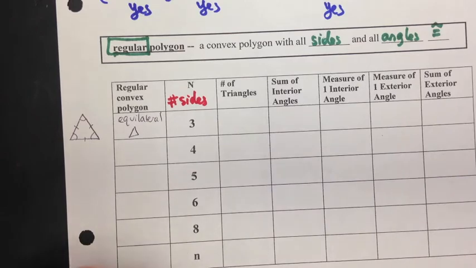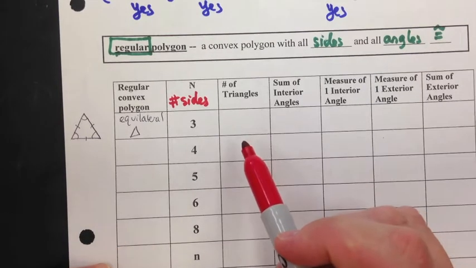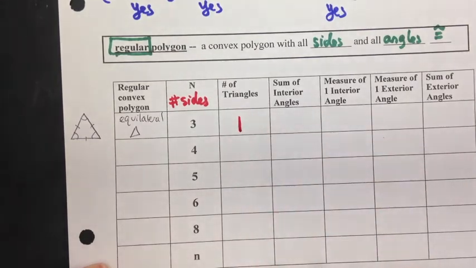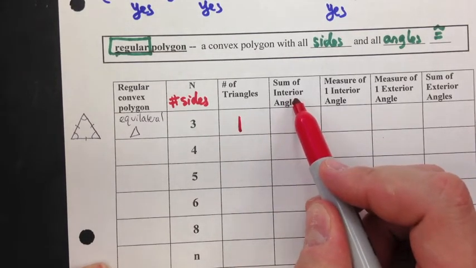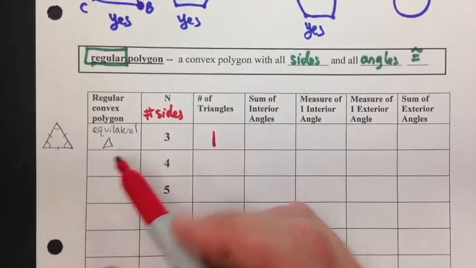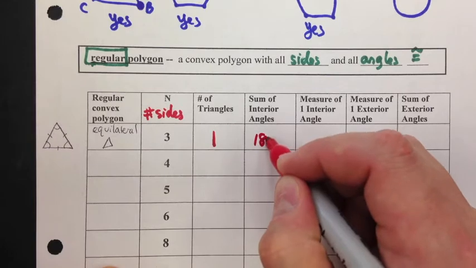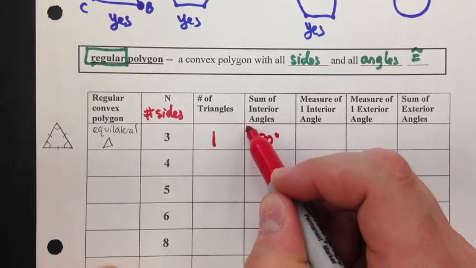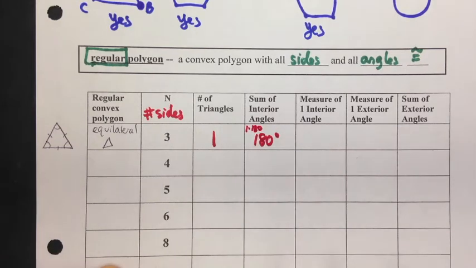Now, the number of triangles, right now this is not going to make a lot of sense, but in this picture we have one triangle. The sum of the interior angles in a triangle, if you add up all the angles, we always get 180. One triangle times 180 equals 180.